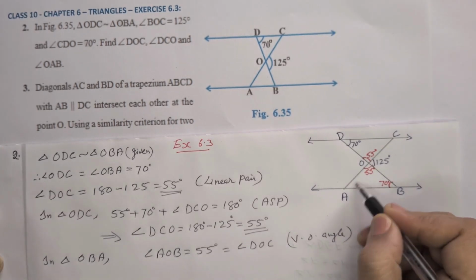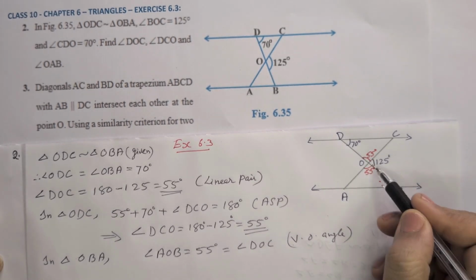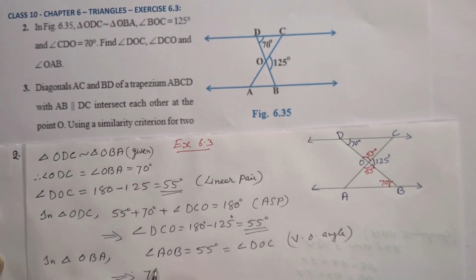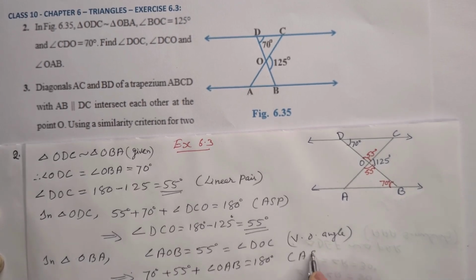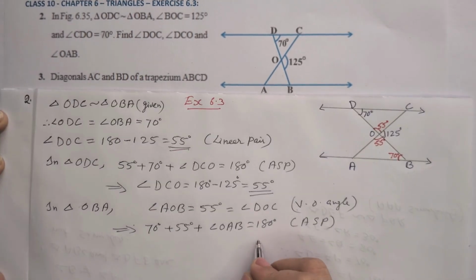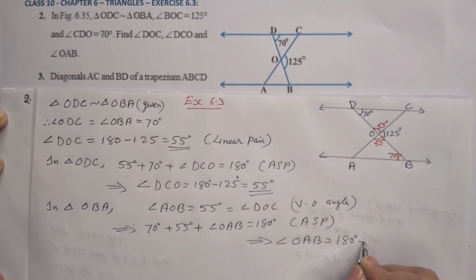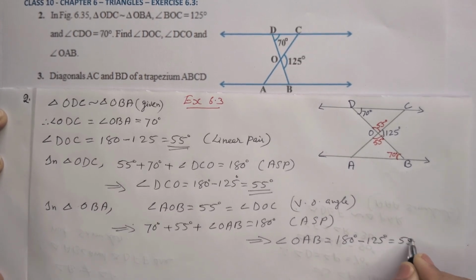Now in this triangle we can take 70 degrees plus 55 plus the third angle OAB is equal to 180 degrees, by the angle sum property of the triangle, which implies angle OAB is equal to 180 minus 125, that is 55 degrees.